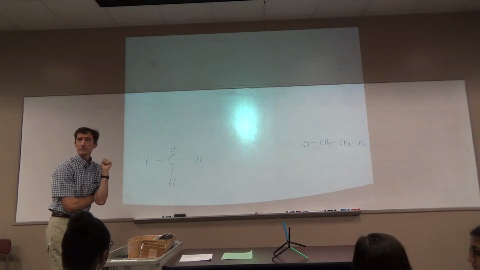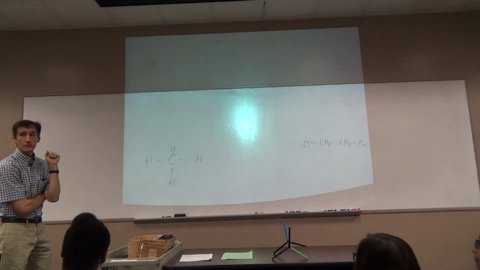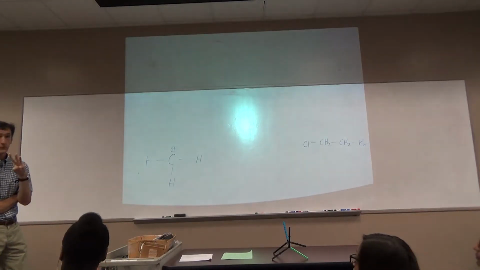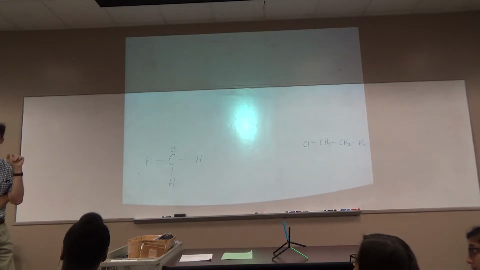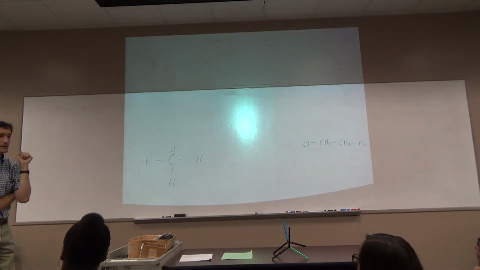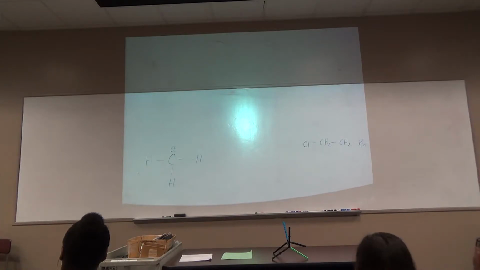How many electron regions around it? 3. There's 3 bonding regions. Where is the 4th? Out of 4. 3 bonding regions. So what hybridization do you expect? sp2. sp2 means what geometry? Trigonal planar. Okay.